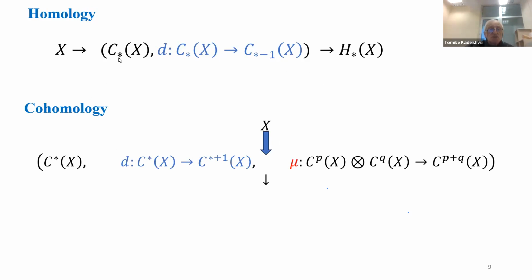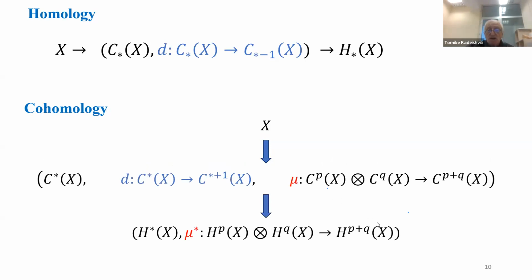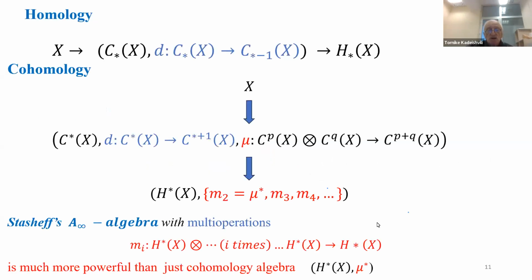But if instead of the chain complex we step to the cochain complex, we come to cohomology, and the cochain complex is a richer object. It has a multiplication, and it induces the multiplication in cohomology. So cohomology is a richer algebraic structure, more powerful than the homology module.